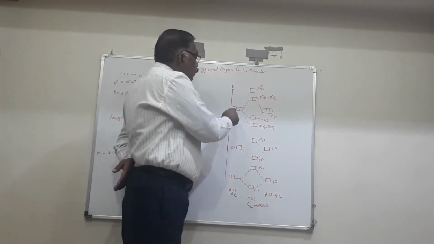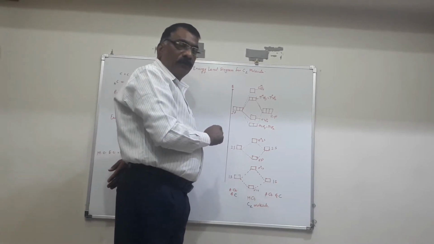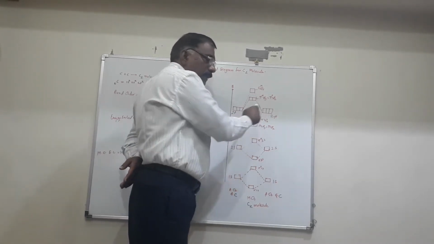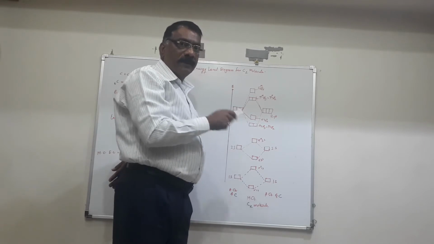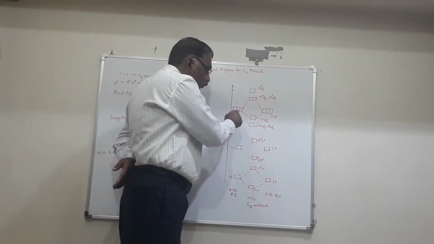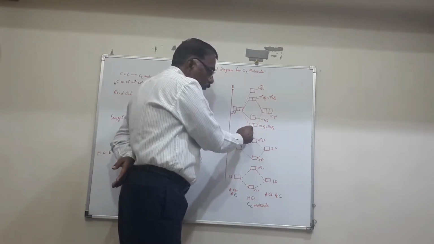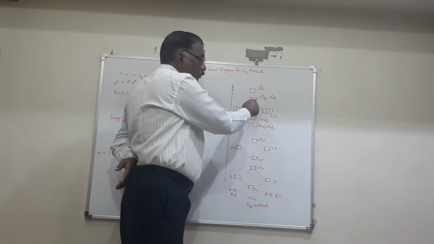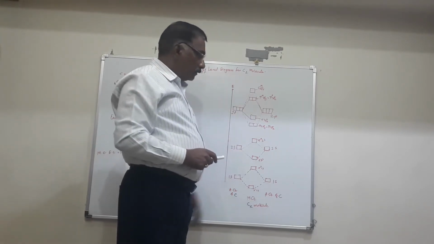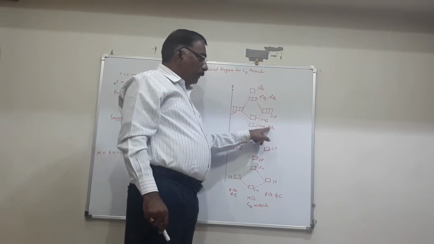Then there are the two pi orbitals, 2py and 2pz. Similarly, for the second carbon there are 2py and 2pz, which are the pi orbitals. These two orbitals from each carbon combine, and there is formation of two bonding molecular orbitals and two anti-bonding molecular orbitals. The bonding molecular orbitals are pi 2py and pi 2pz.